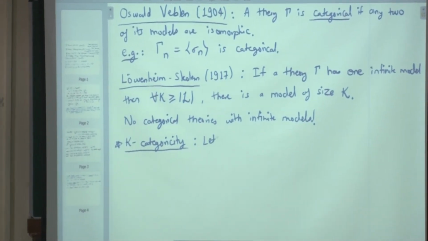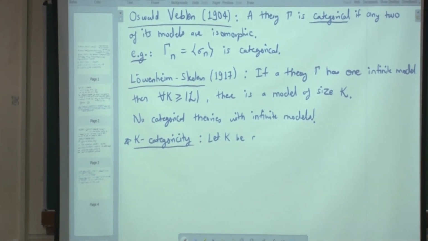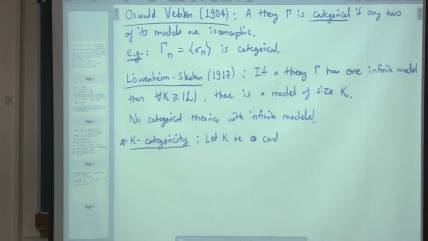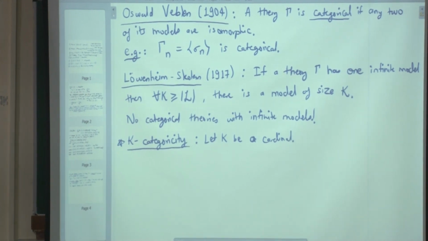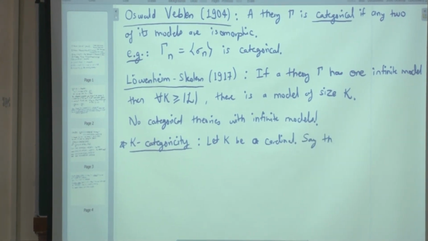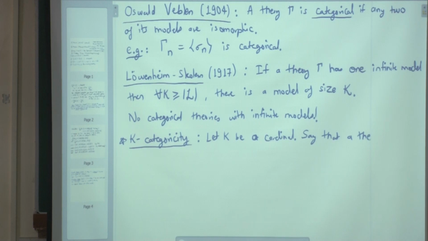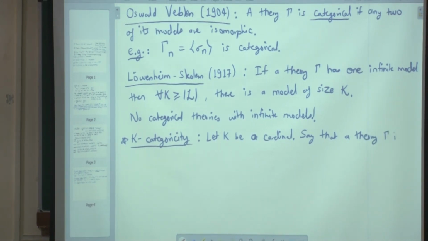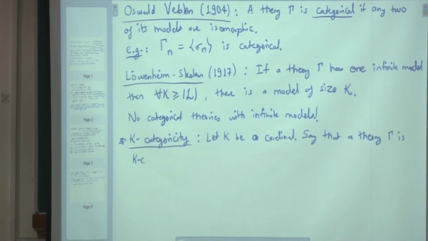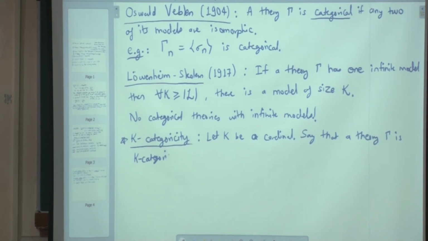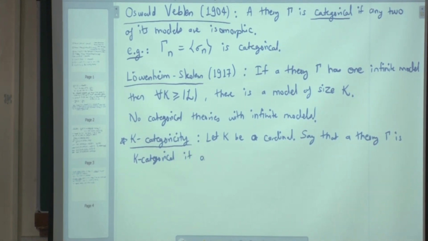So let kappa be a cardinal. We say that a theory gamma is kappa categorical if any two models of size kappa are isomorphic.